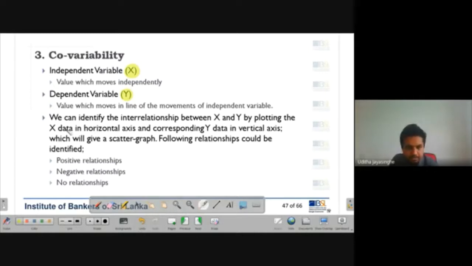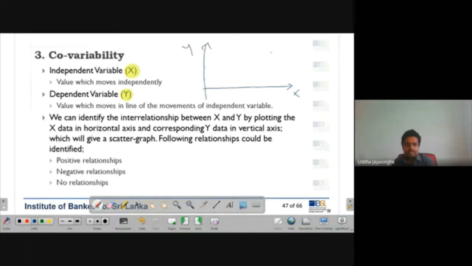Taking you to the third point, we can identify the interrelationship between x and y by plotting the x data on the horizontal axis and the corresponding y data on the vertical axis. It's going to be something like this: x on the horizontal axis and y on the vertical axis.